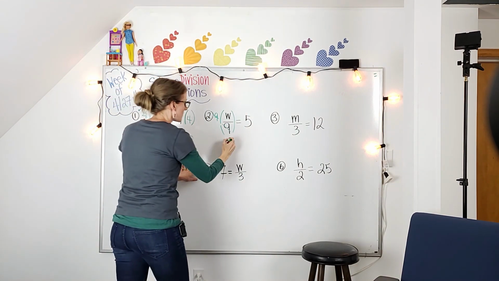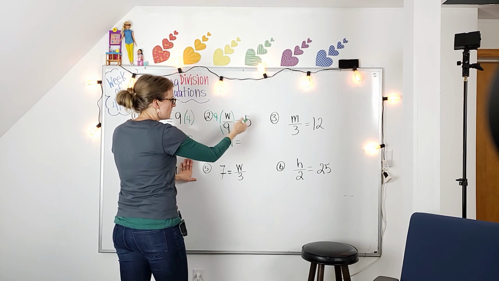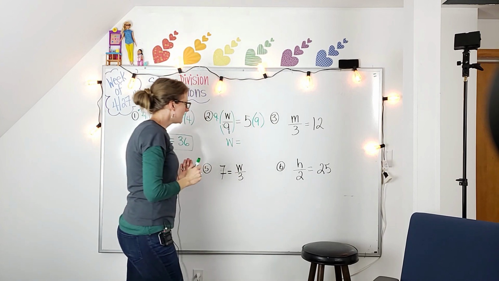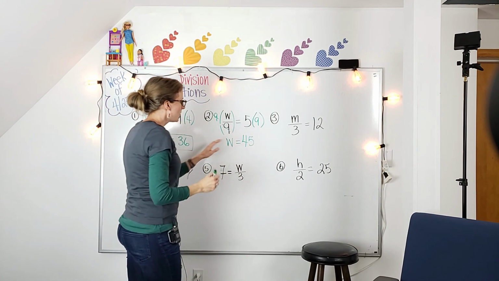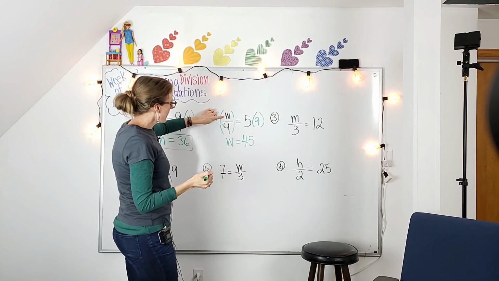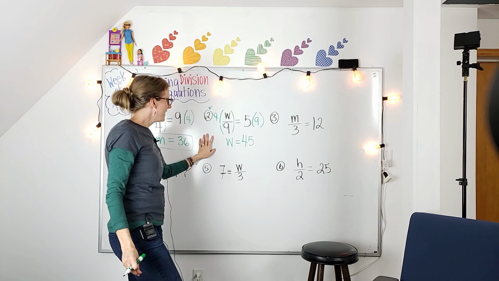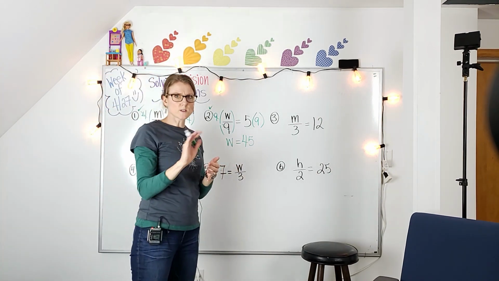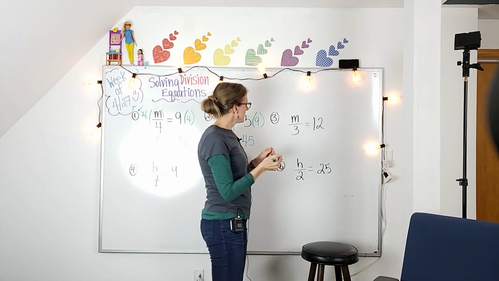Those will cancel each other out to leave us with w. Don't forget over here, I got to balance it because of my wall. Balance both sides like a scale. And 9 times 5 is 45. We check it. Is 45 divided by 9 5? Yep. And again, these numbers will be very workable, so you don't have to worry about any crazy numbers, decimals, fractions, anything like that for this section.